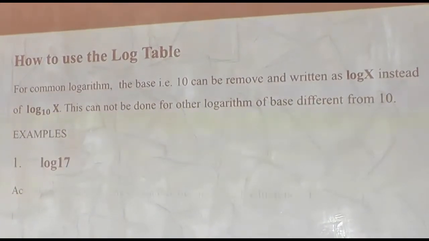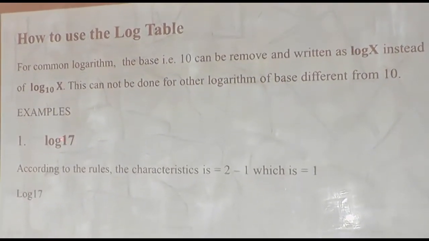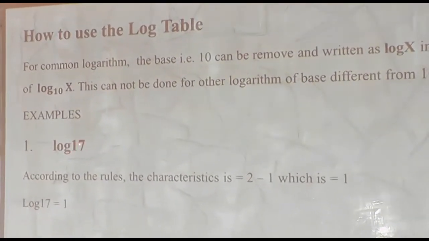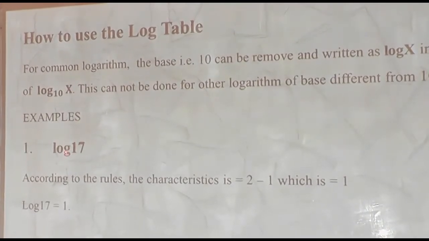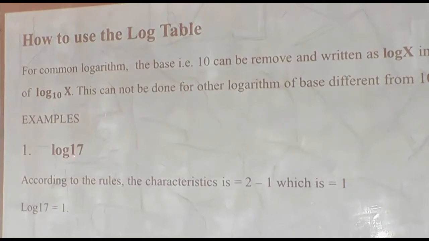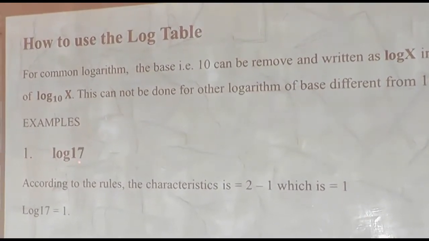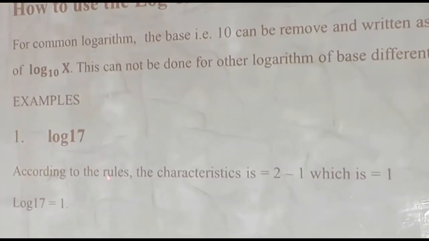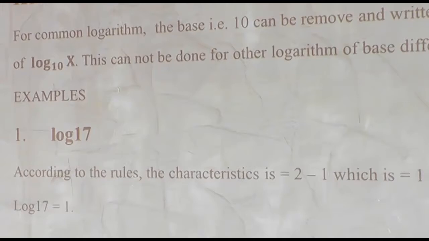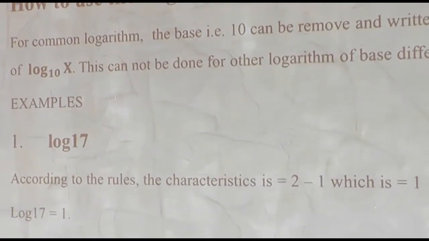Now for example, if I am to find the logarithm of 17 to base 10, that is log 17 to base 10. Remember, we said the base 10 can be omitted. If it's just seen this way, we will know we're talking about the base 10 logarithm. So log 17 to base 10, and remember, for every logarithm there are always two parts.